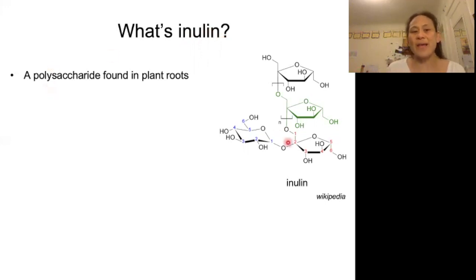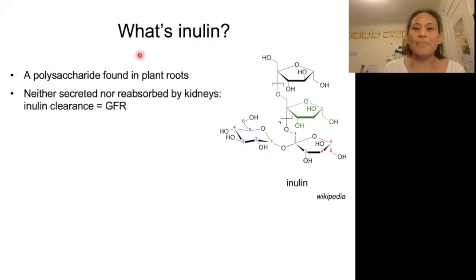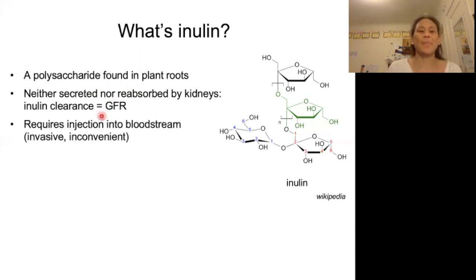Inulin is a polysaccharide found in plant roots. This is its structure, but its structure doesn't really matter that much for us. Really, the main thing about it is that it doesn't get secreted or reabsorbed by the kidneys, so it's a handy tool for us for determining GFR, okay?